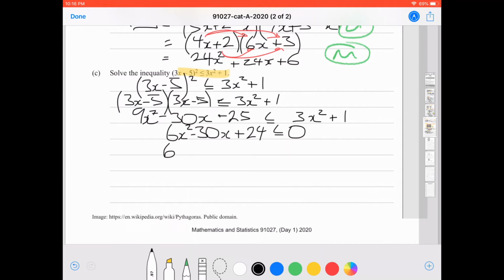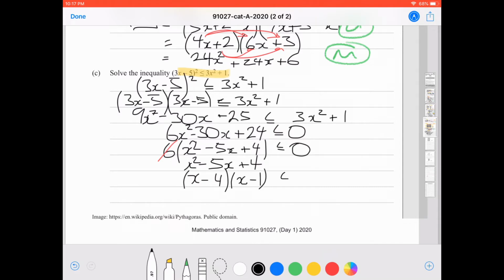We can take 6 as a common factor. Inside the brackets, we've got x squared minus 5x plus 4, less than or equal to 0. Our 6 cancels. And we've got this quadratic x squared minus 5x plus 4. Factorizing this, it'll be x minus 4 and x minus 1 is less than or equal to 0.